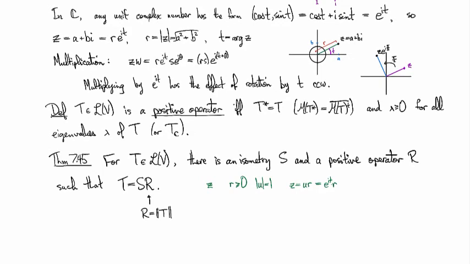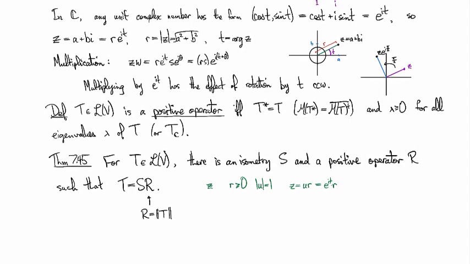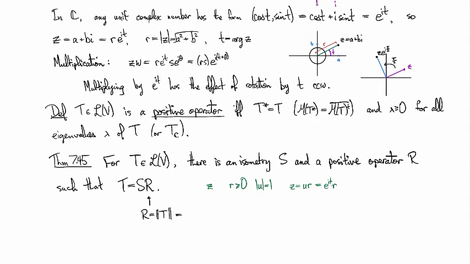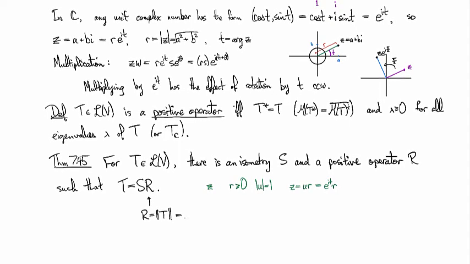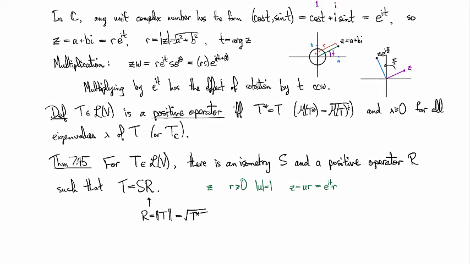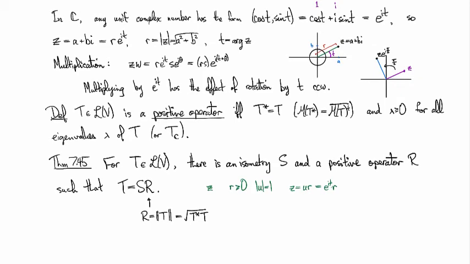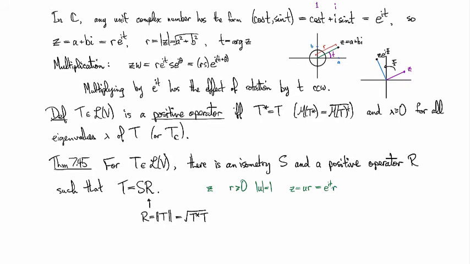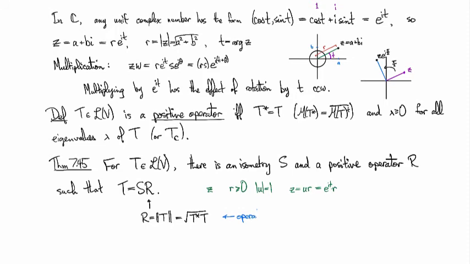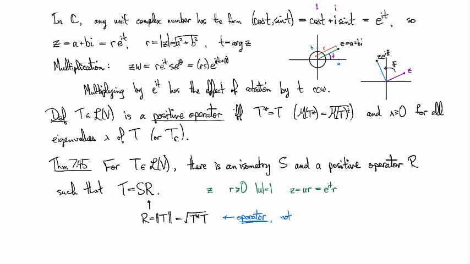But whenever you have a magnitude given in terms of an inner product, you can always define the magnitude as the square root of the inner product of the thing with its adjoint. And so it's also quite common to write this as the square root of T star T. And then that kind of helps you remember that this is definitely an operator and not a number.